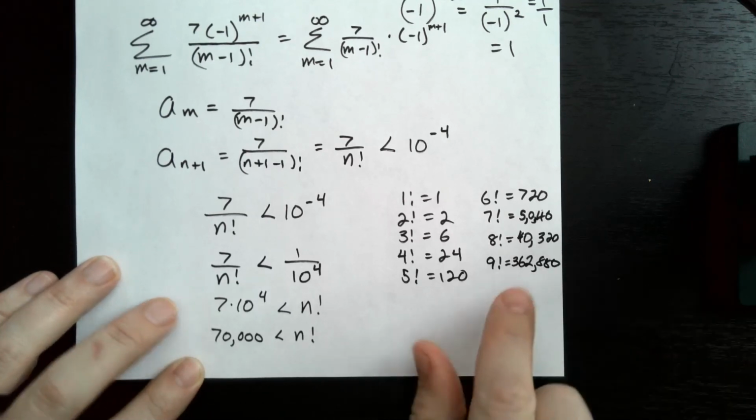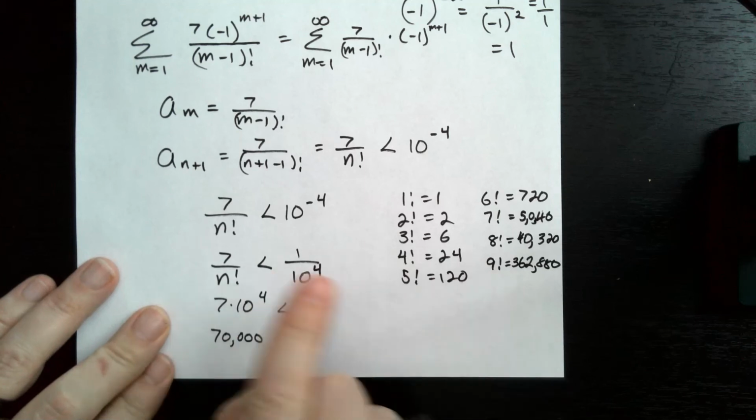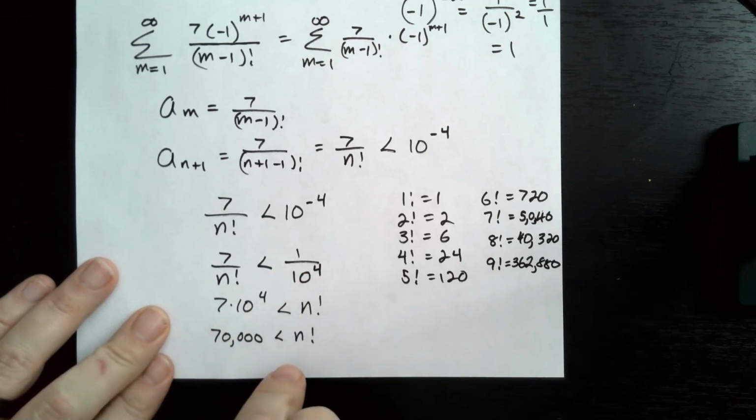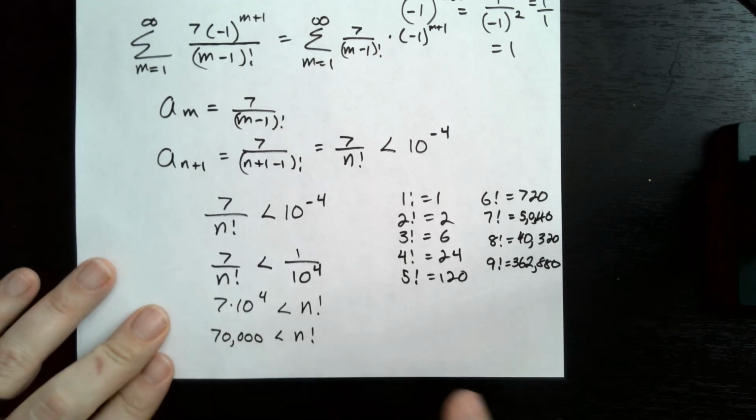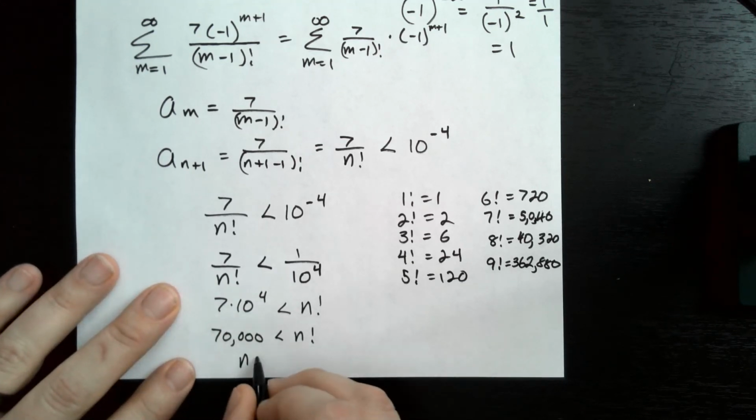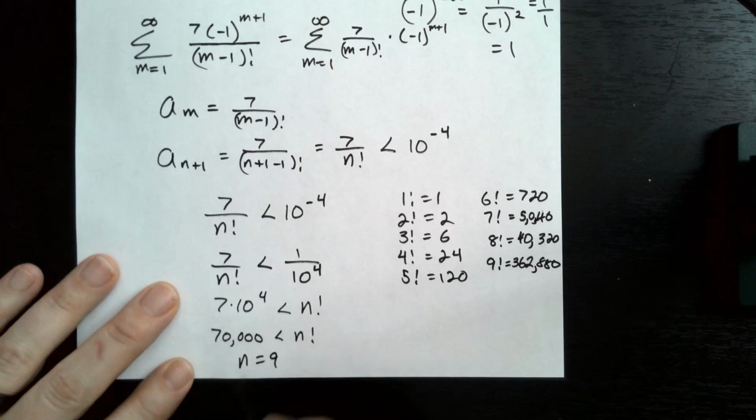So we don't need to go any farther because we know that 9 factorial is more than 70,000. So if n is equal to 9, then this is true.